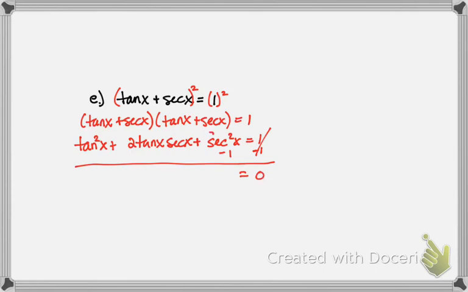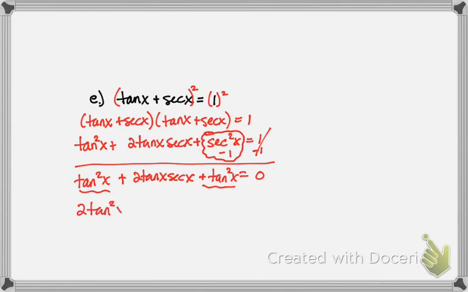The reason why I did that is because I know that secant squared minus 1 can turn into tangent squared. So now I have tangent squared of x plus 2 tan of x sec of x plus tangent squared of x, which gives me like terms. So I have tangent squared plus tangent squared, which is 2 tangent squared. And now I can factor.